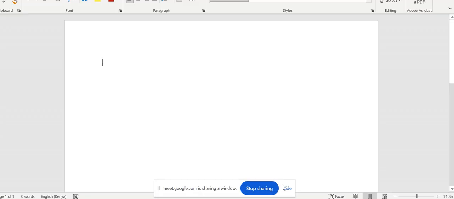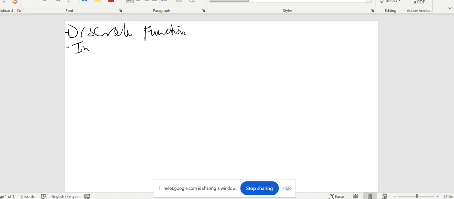Look at what we call implicit function. And also look at what we call explicit function.